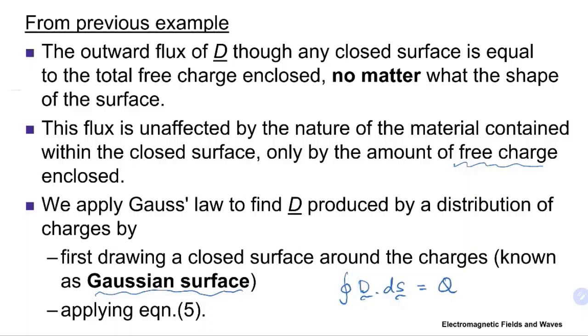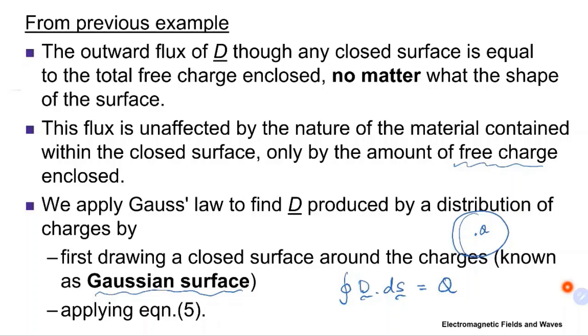So we draw a surface around the charge, work out this integral, and that has to equal the charge enclosed inside that surface. If I have a point charge, I draw a sphere around that charge, and integrate D dot dS over the whole of this surface, and that has to equal the charge enclosed inside that surface.